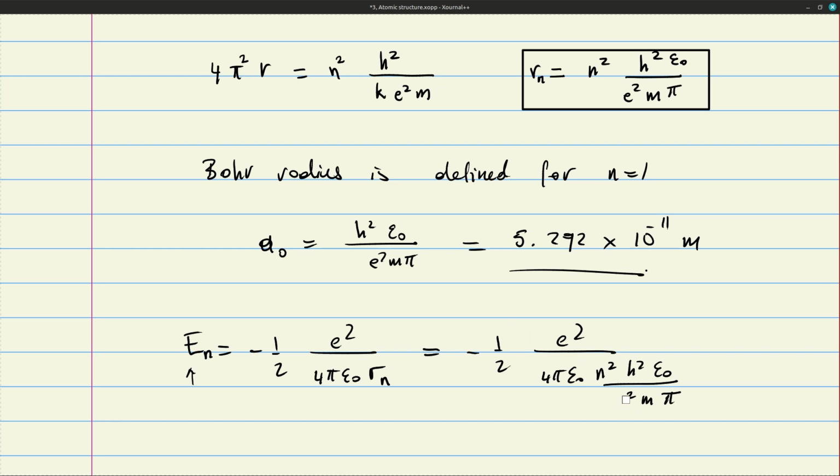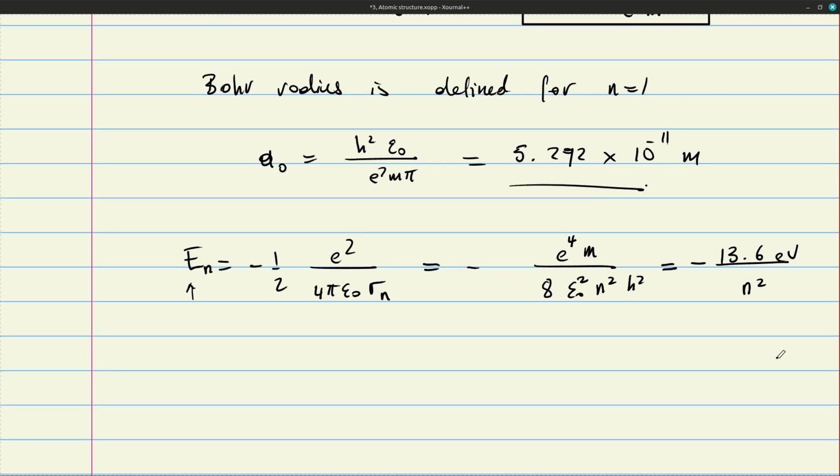So I'll erase this and I'll write this e to the 4. This is m and this is gone. This pi is going to cancel this. This 2 will give me 8. I think this is epsilon squared, and it is going to be equal to minus 13.6 eV over n squared.